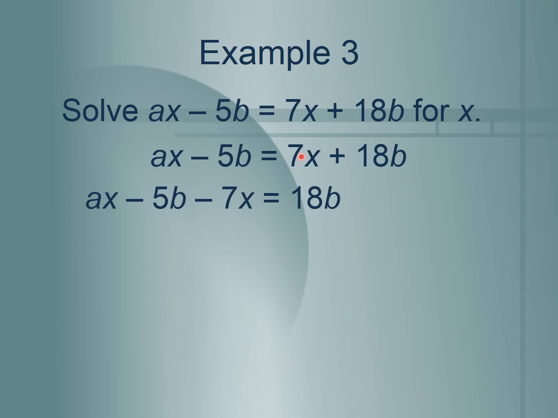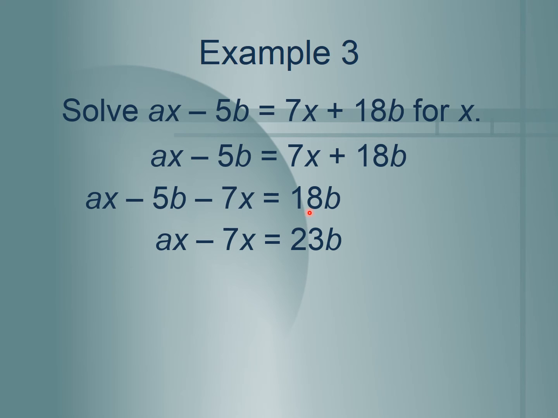So I'm going to subtract 7x from both sides, so that way now my x terms are on the same side of my equation. And that means I want to get the term that doesn't have an x on the right-hand side. So this minus 5b, I don't really want it to be on the left-hand side because it doesn't have an x in it. So I'm going to add 5b to both sides to make it cancel.